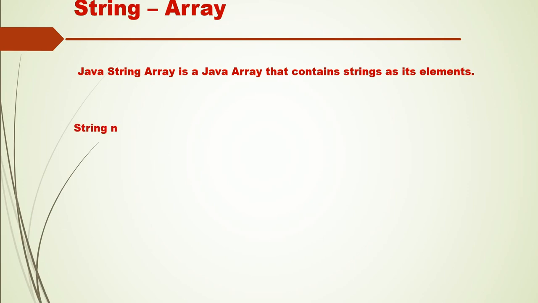See this: the String names equal to, in curly brackets, like Asa, Can, Ram, Rav and Raj. These are a few strings we can store in a string array, and the name of the variable is names.